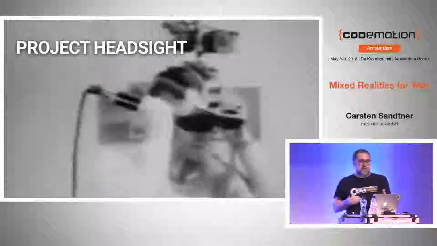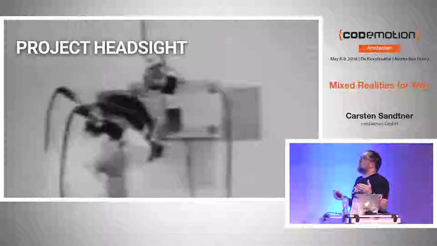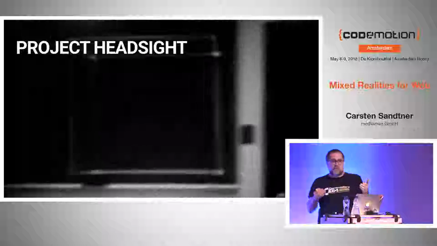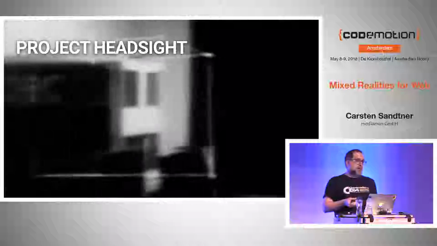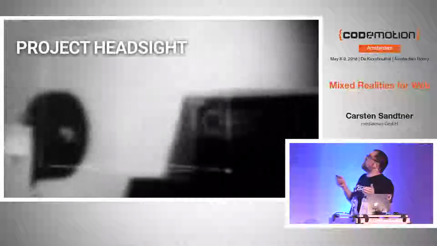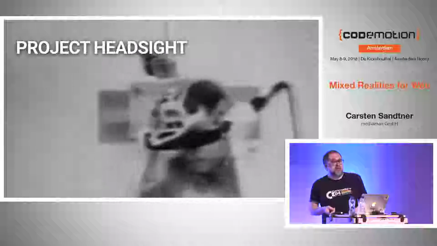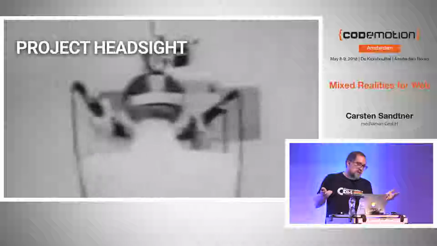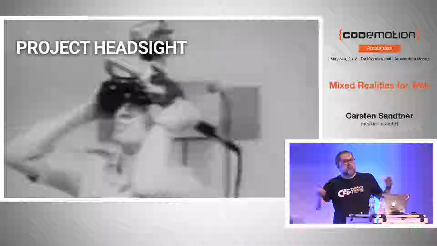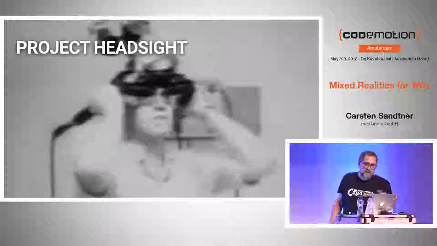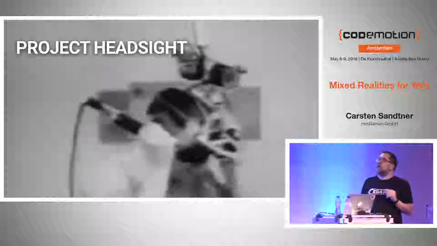It was used for military purposes, to train pilots. It was extremely heavy because the whole thing over his head was a big apparatus where the whole cables and so on and the big mainframe was being used, and it wasn't consumer ready.